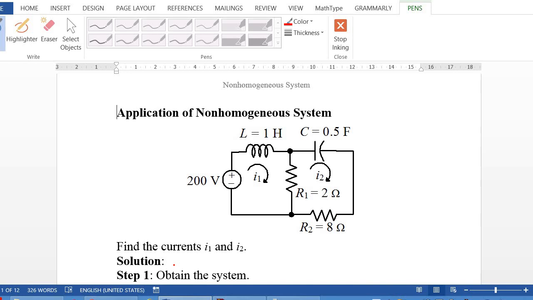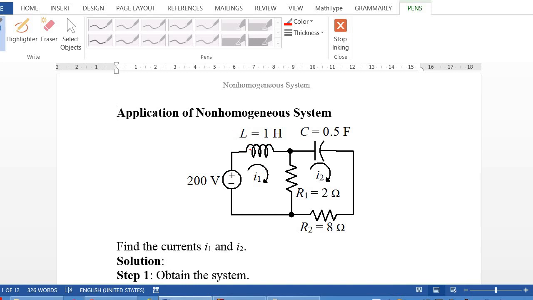First of all, we'll consider the left loop. The current that flows through the left loop is indicated by I1, while the right loop is indicated by I2.